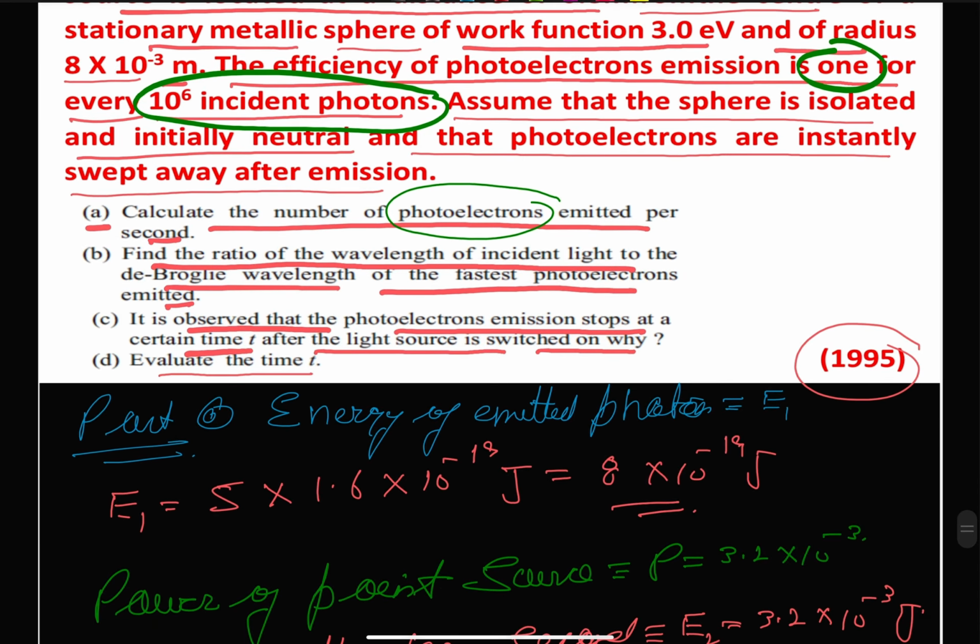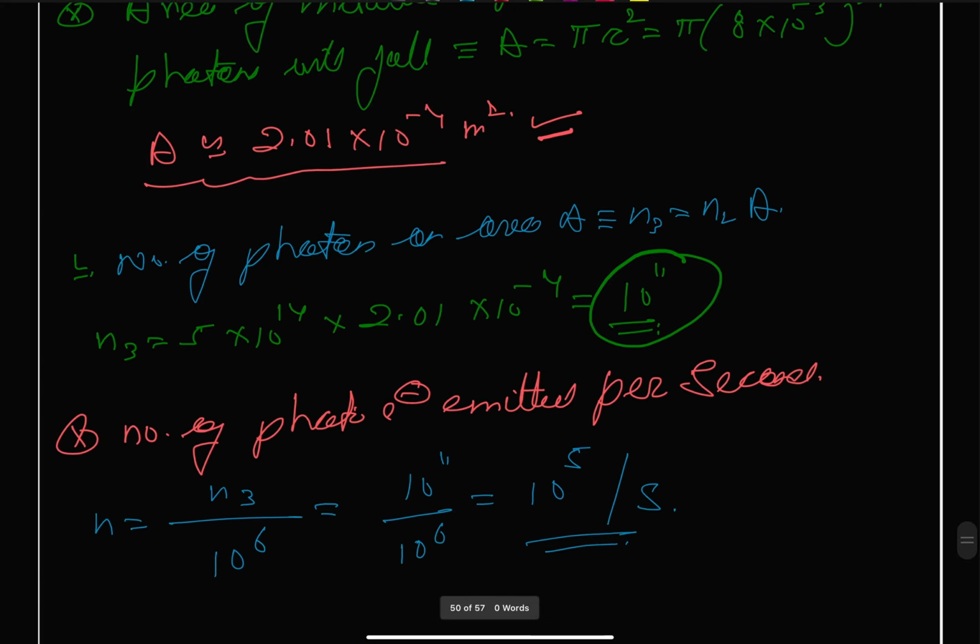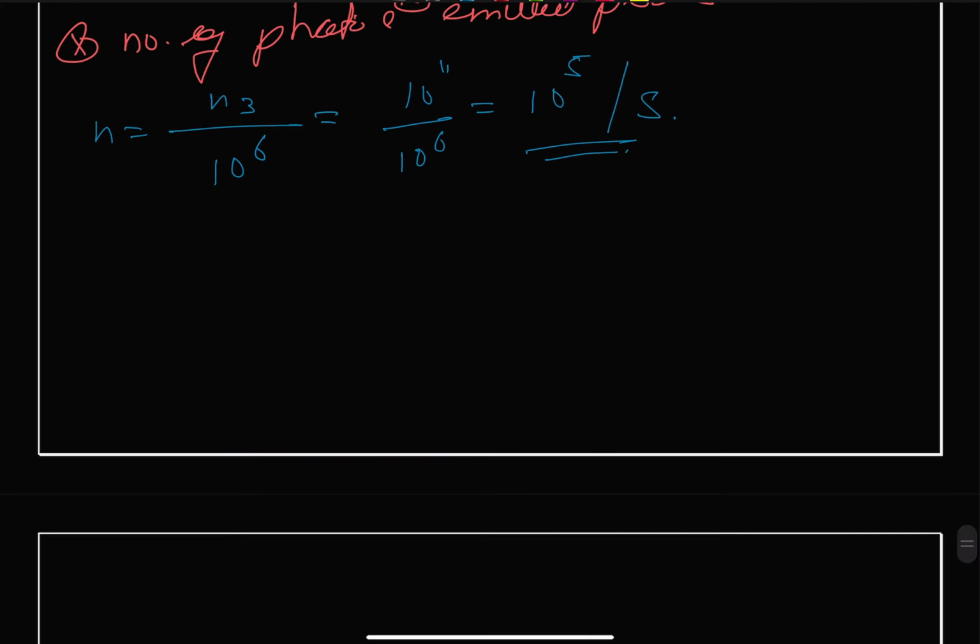Part B, ratio of the wavelength to the De-Broglie wavelength of the fastest photoelectron. We can find out the wavelength of incident light based on the energy equation.